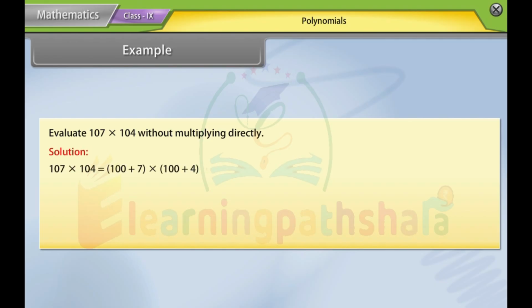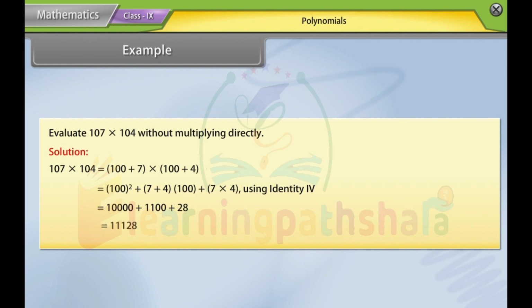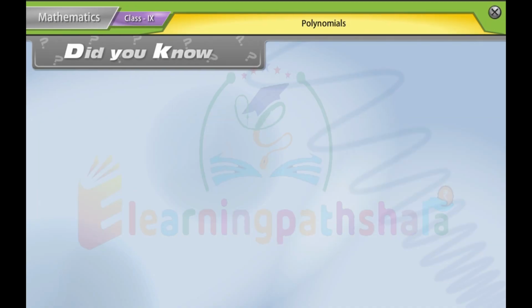Solution. 107 into 104 is equal to 100 plus 7 into 100 plus 4, which equals 100 square plus 7 plus 4 into 100 plus 7 into 4 using identity 4, which equals 10,000 plus 1,100 plus 28, which is equal to 11,128.